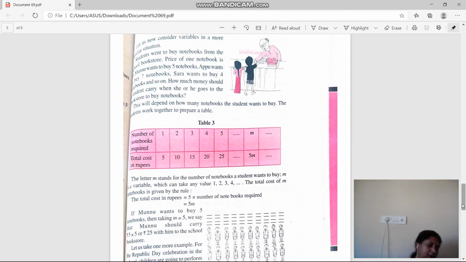If Munnu wants 5, what will the price be? 5 into c, that is 5 into 5. 5 fives are 25. Now let's talk about Appu. Appu wants to buy 7 notebooks. So it will be 5 into c, where c stands for the number of notebooks, so it is 7. 5 into 7 we get 35.